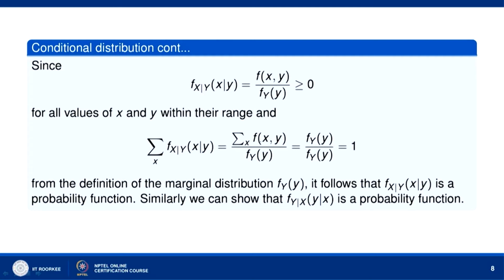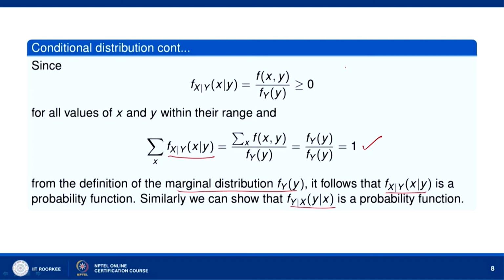When you keep y fixed and sum over all the values of x, you get f_Y(y). So, f_Y(y) divided by f_Y(y) equals 1, and this follows from the definition of marginal distribution. And so the conditional distribution f_{X|Y} is a probability function. Similarly, we can show that f_{Y|X} is also a probability function.